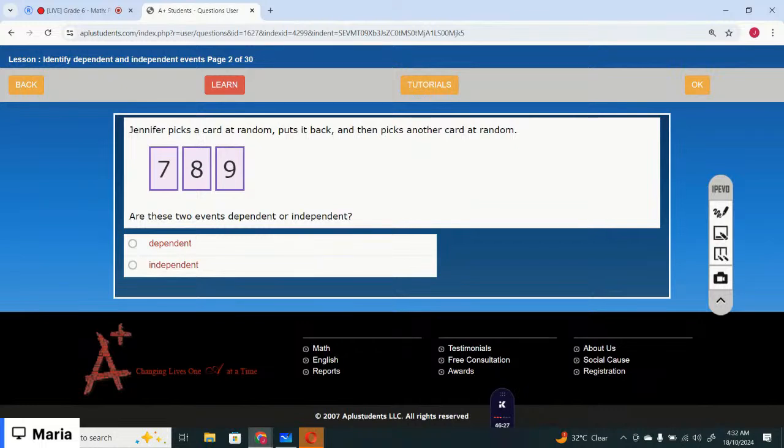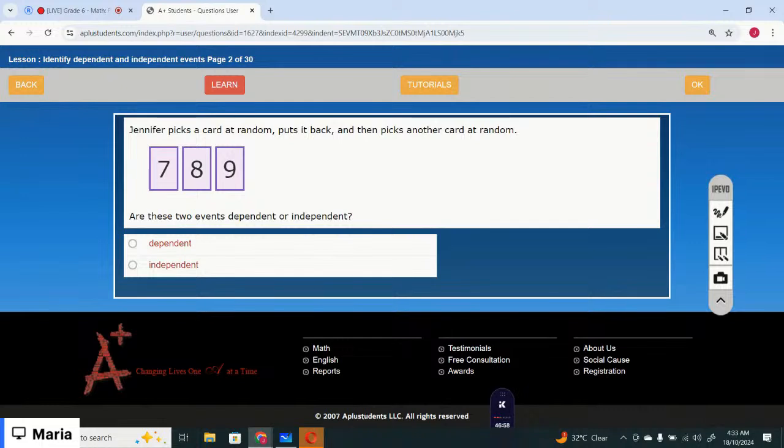Jennifer picks a card at random, puts it back, and then picks another card at random. Are the two events dependent or independent? For the first time he has three cards. He picked a card and put the card back. For the second time he again has three cards. So that means they are independent events.